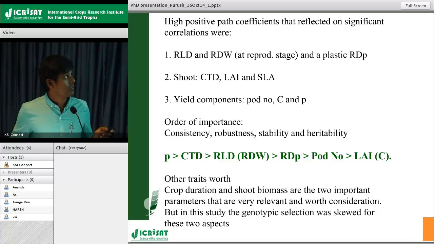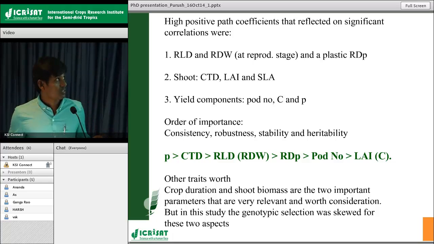For shoot traits, the CTD performed consistently in both irrigated and non-irrigated conditions. LAI at the vegetative stage and SLA at the reproductive stage showed a clear significant correlation with the yield.